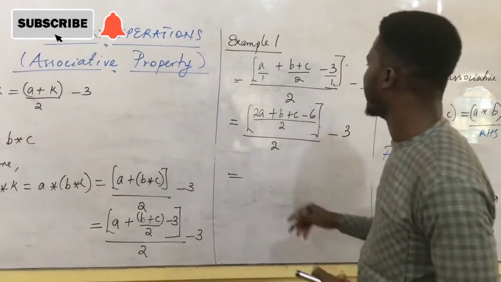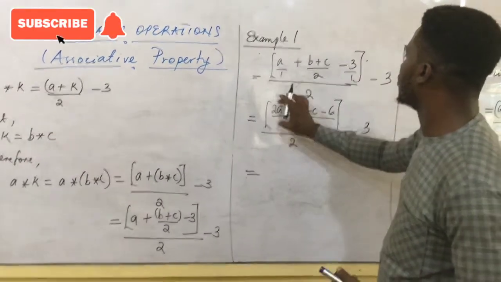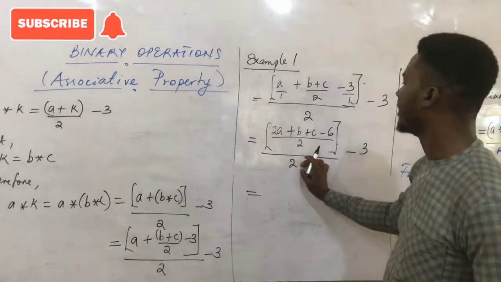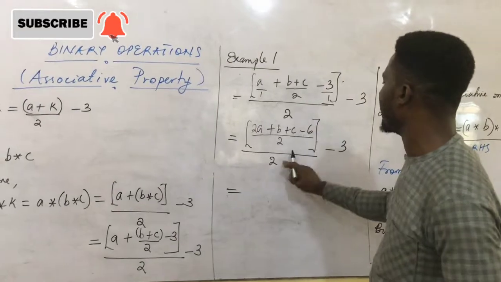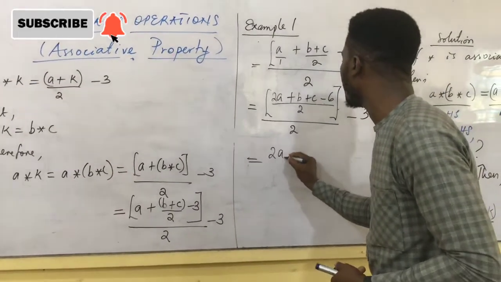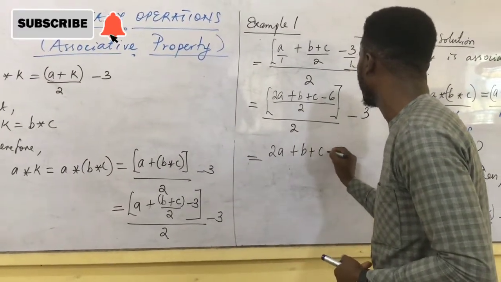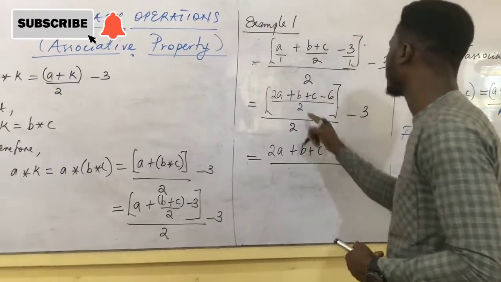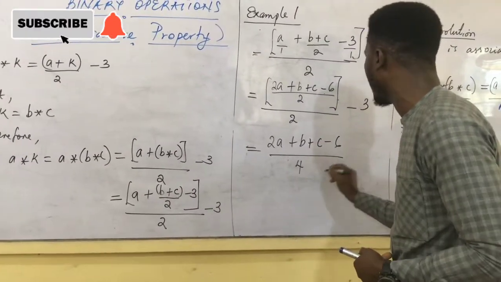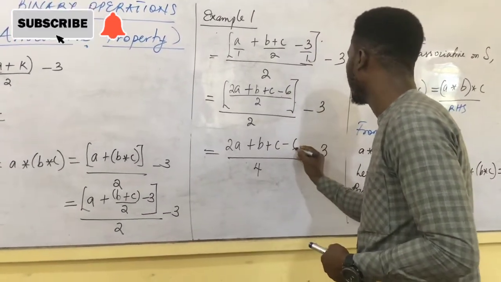Now, because this is you dividing a fraction by this number here, this will be divided by 2, giving you 2A plus B plus C minus 6 all over 2 times 2, in which case you have 4, and this will be 3. Okay?